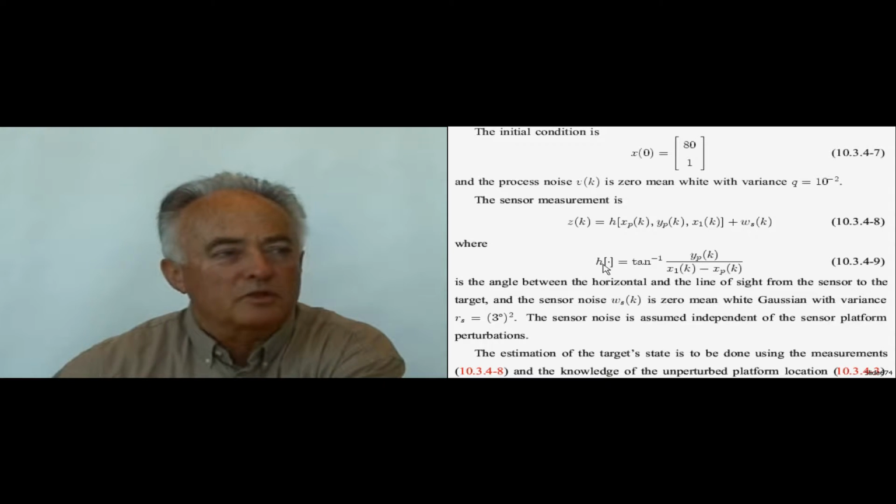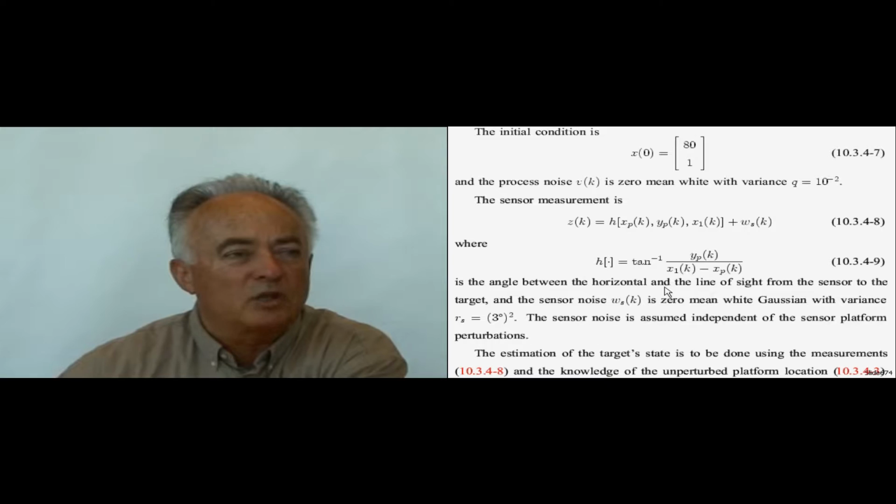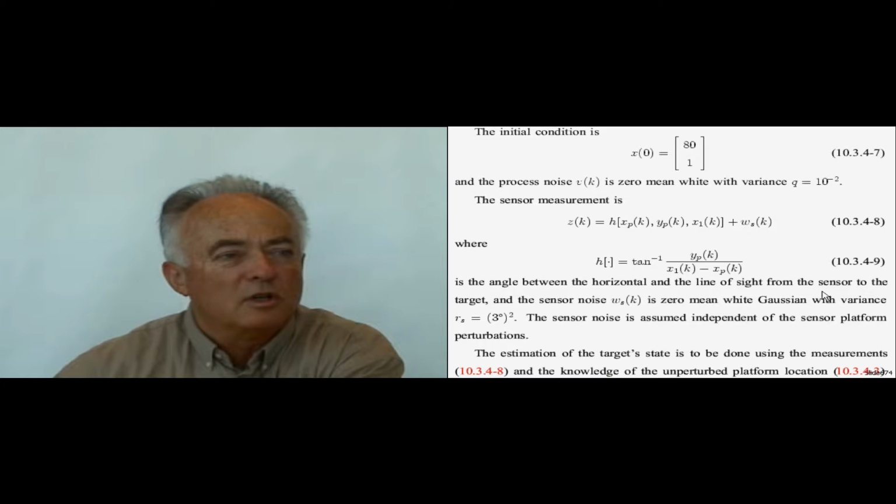The noiseless measurement, the function h, is arctangent of y over the difference between the target x and the platform x. So this is the angle between the horizontal and the line of sight from the sensor. This is also known as the depression angle.